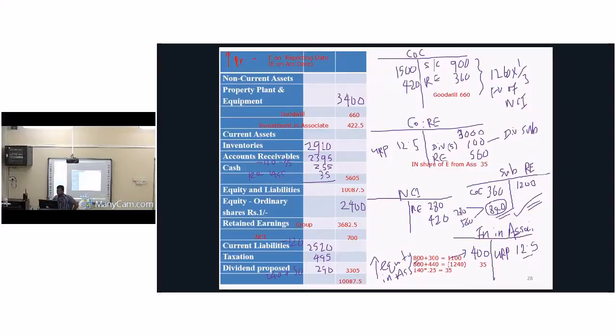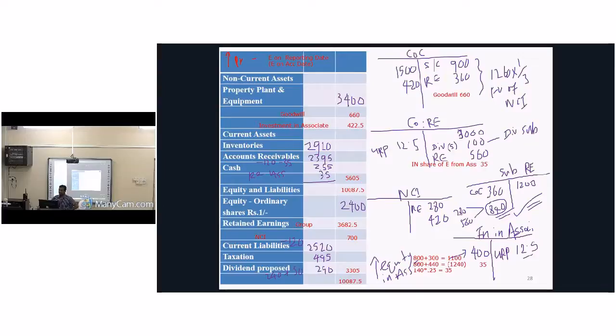If associate sells goods to parent, consolidated retained earnings debit, consolidated inventory credit, remember. But in this question, the parent sold goods to the associate. Therefore, we recorded it as consolidated retained earnings debit, investment in associate credit, right?